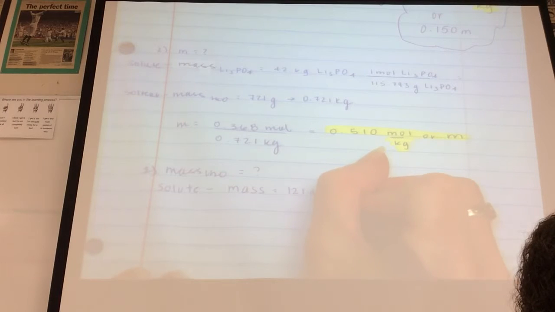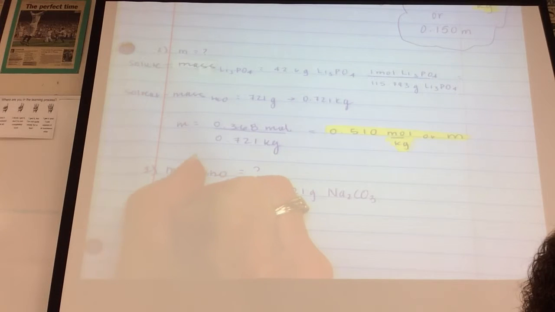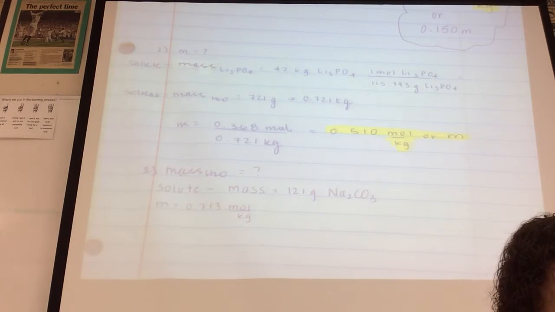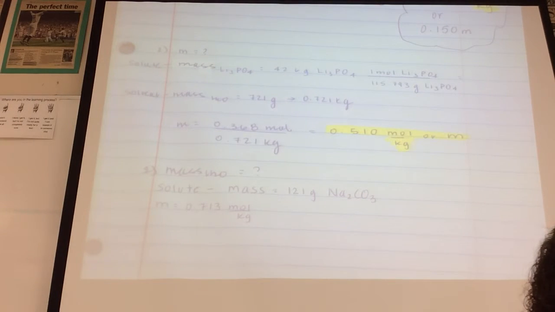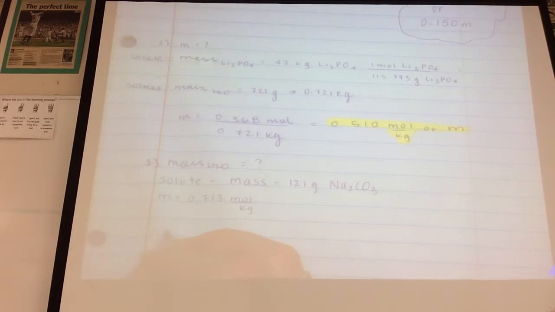And again, the formula writing should not be an issue at all. We give you the molality. So we know that molality is moles of solute over kilograms of solvent.